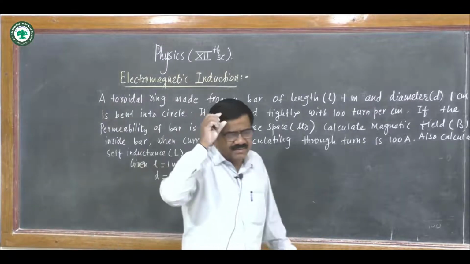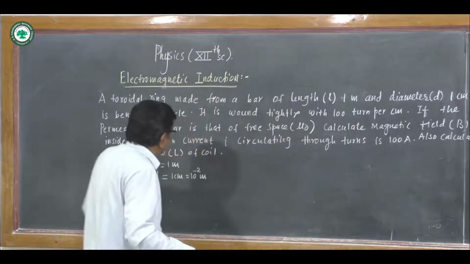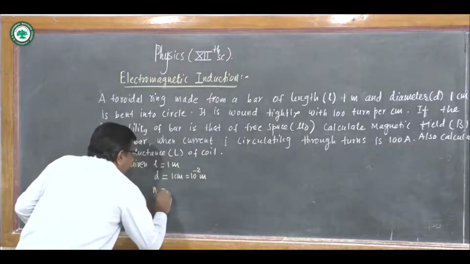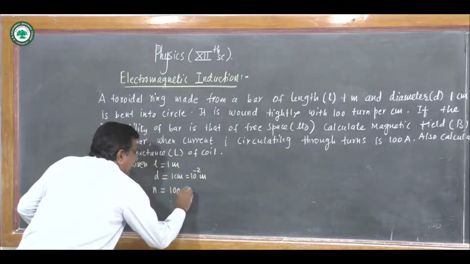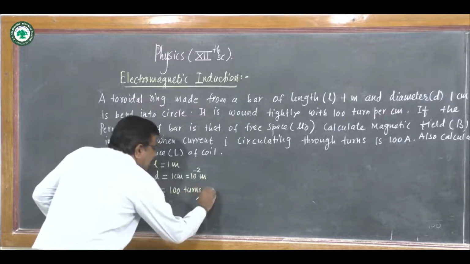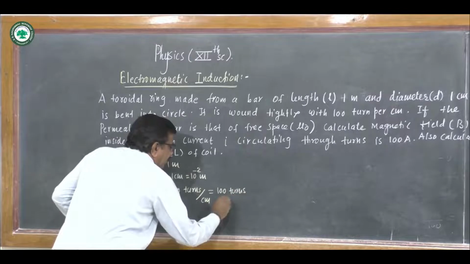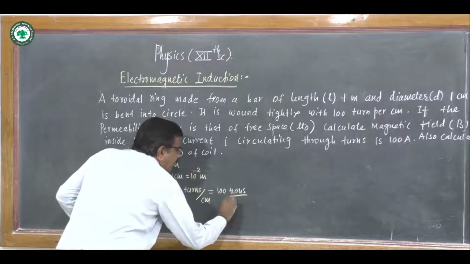Then the number of turns: small n is 100 turns per centimeter. Centimeter means 10 raised to minus 2 meter.